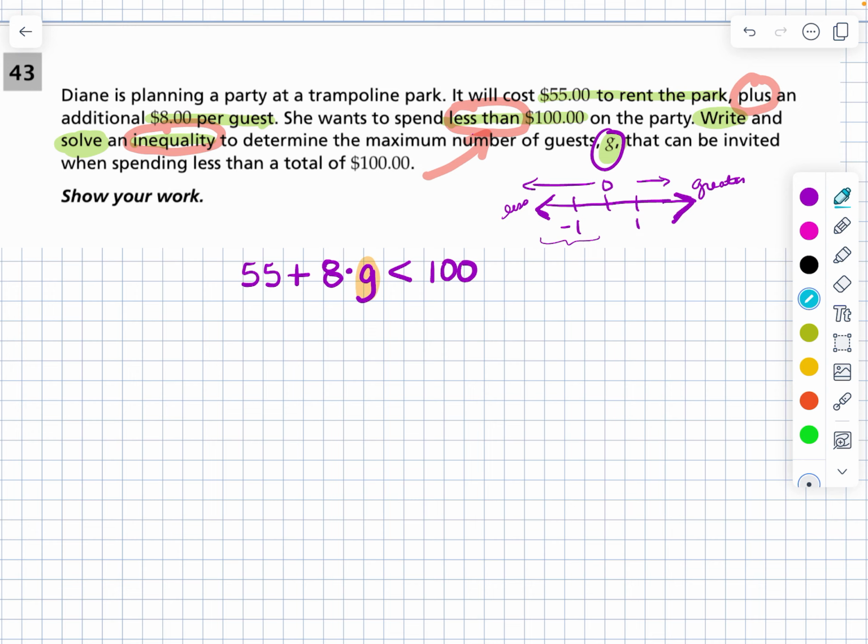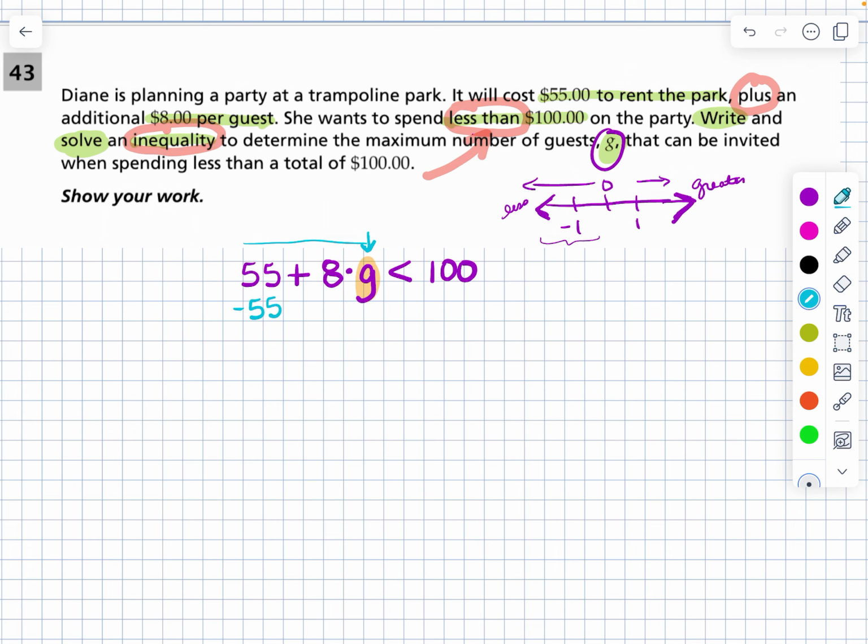In order to do that, I need to start taking things away from this side of the equation, because I just want G on this side. The first thing, and we have to do this in pieces, we can't do it all at once, is get rid of the 55 on this side.